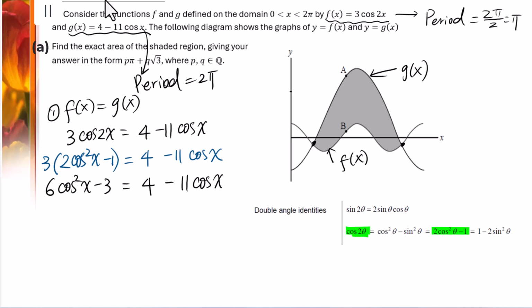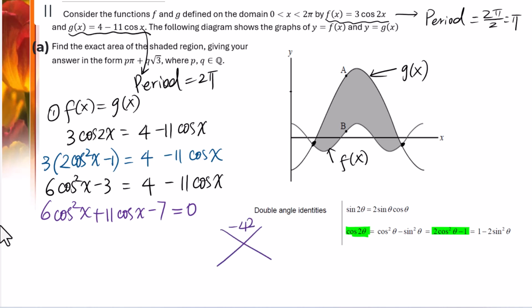This is a quadratic equation. Change this equation into equal to 0 form: 6 cosine squared x plus 11 cosine x, negative 3 minus 4 is negative 7, equals 0. Factorizing, we need two numbers multiplying to negative 42 and adding to 11: negative 3 and 14.